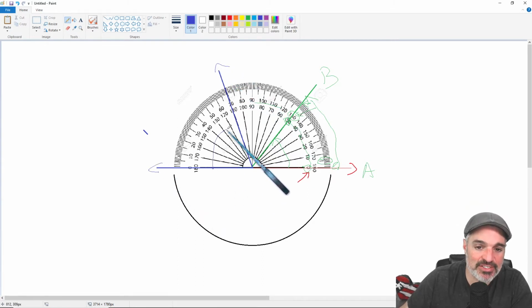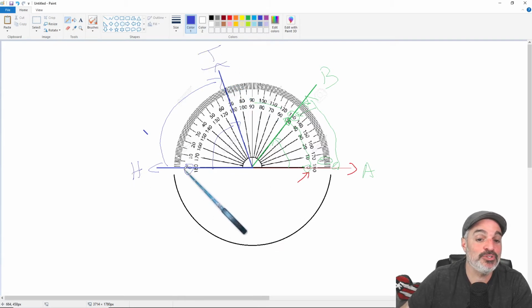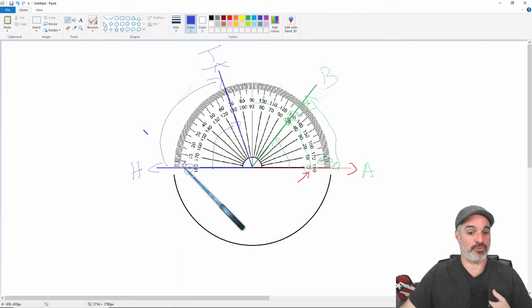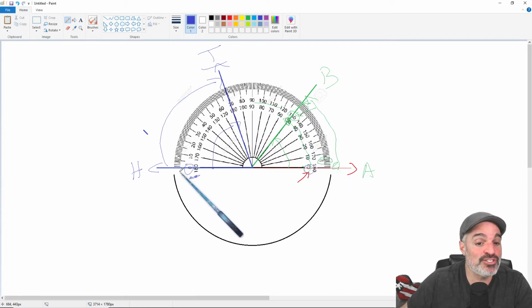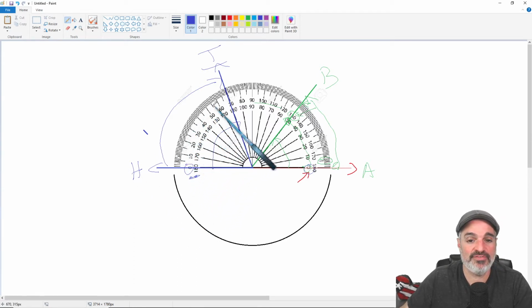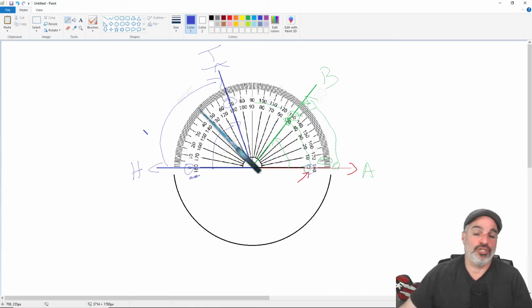Because you started here with this ray, let's call this ray H and this ray I, now you have to use the outside scale of the protractor, not the inside, because the inside starts at 180, which is the end of this one. Now you're starting on 0 here, and you're going to count 10 by 10s: 10, 20, 30, 40, 50, 60, 70 degrees. So this angle is 70 degrees, because you started the other way.